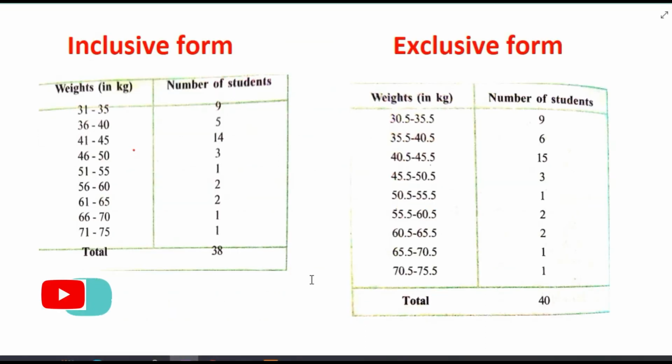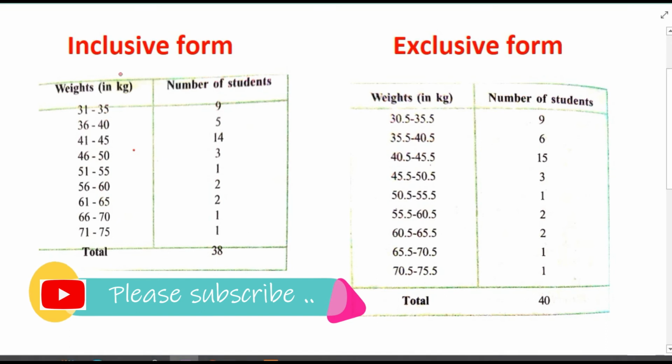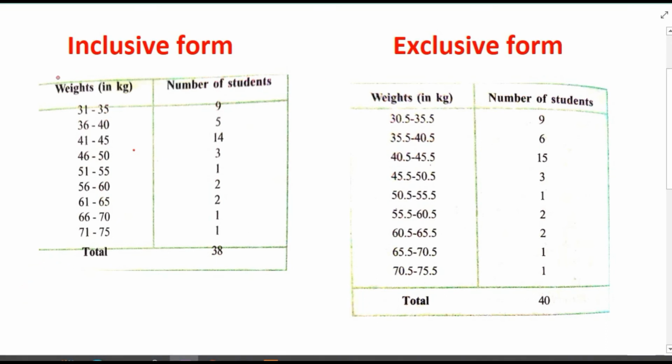So here is an example of inclusive and exclusive frequency distributions. In inclusive form, the upper limit as well as the lower limit will be included. We can see here 31 to 35. So if the value is 35, it will be included in this class interval.